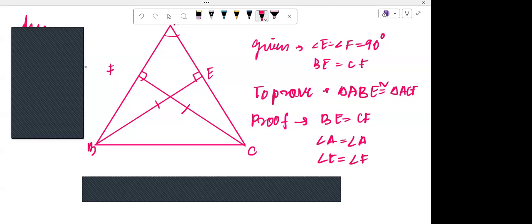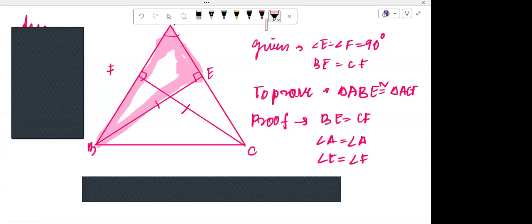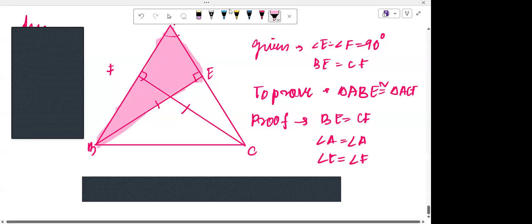No. Look at this particular triangle. What is the congruency? You have an angle, again an angle, and a side. Here also an angle, again an angle, and a side.